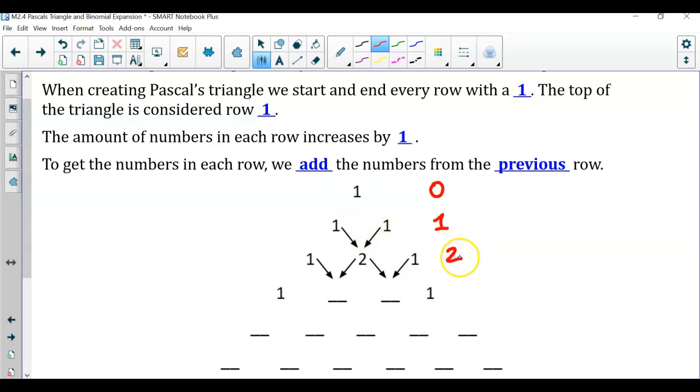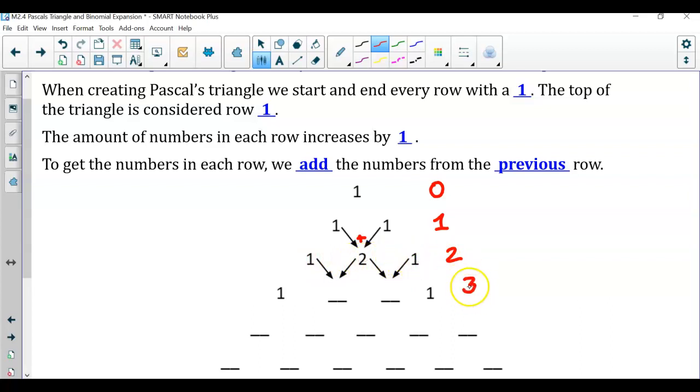So then the second row, now we're adding another term to it. So we went from 1 term to 2 terms, now to 3 terms. Notice how when you add these two together, 1 plus 1 is 2. So the second row is 1, 2, 1.